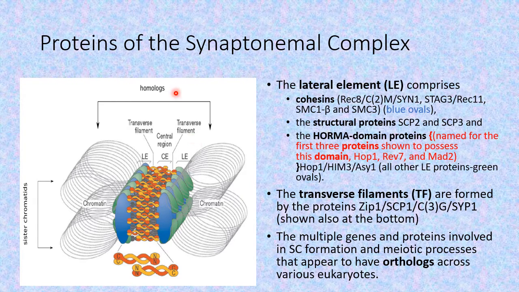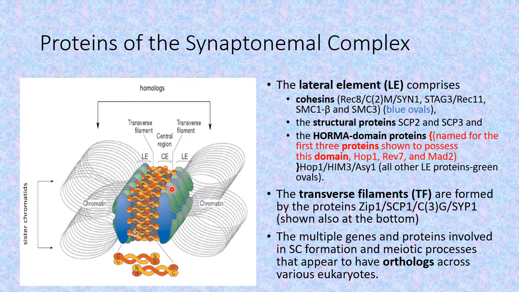So the genes and the proteins with common ancestry, which diverge as the system evolves, are referred to as orthologous genes or orthologous proteins. So these are the different cohesins that may be present in the lateral elements. Cohesins are present, but which type differs from organism to organism.